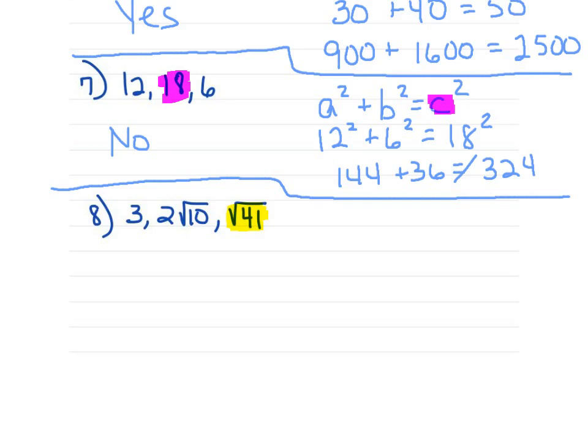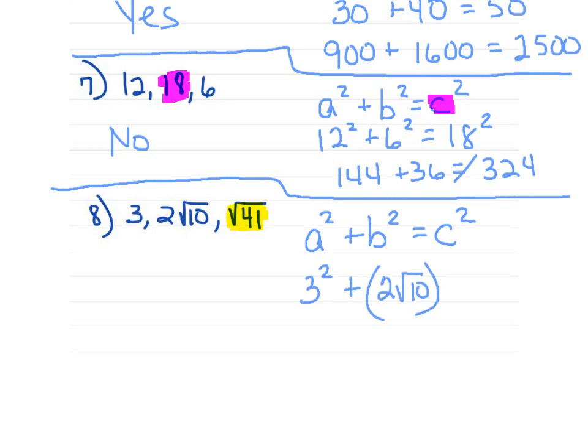All right, so here we go. We do a squared plus b squared is equal to c squared. So let's go ahead and substitute. 3 squared plus 2 radical 10 squared has to equal radical 41 squared. Okay?